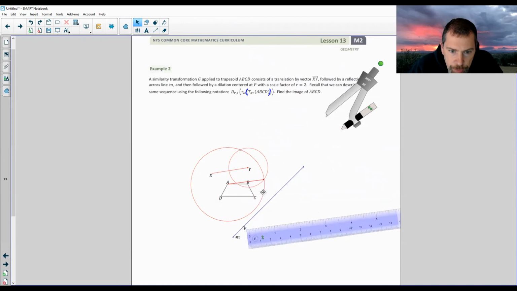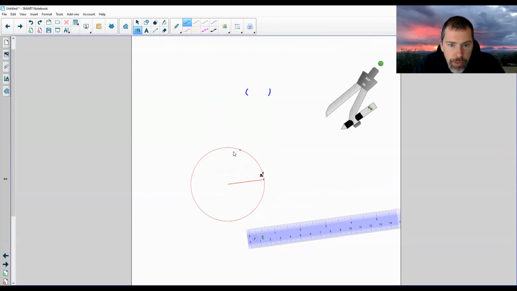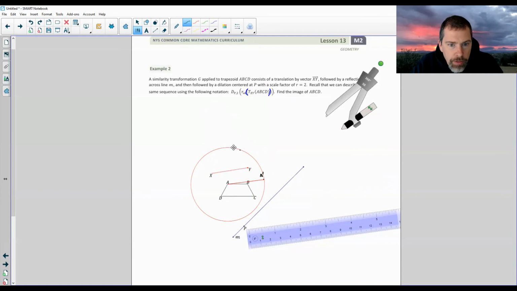So there is my ray, A prime. Okay, so just to avoid confusion, I'm now going to get these circles out of the way. And that point out of the way. So there is my vector A prime.